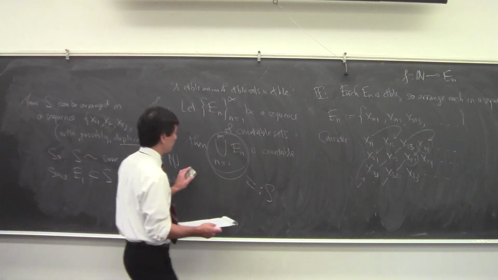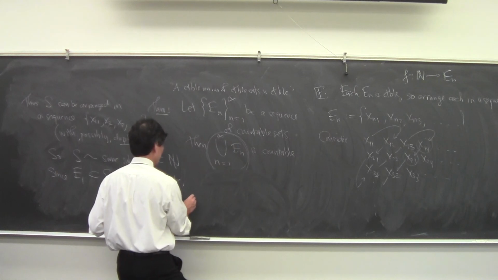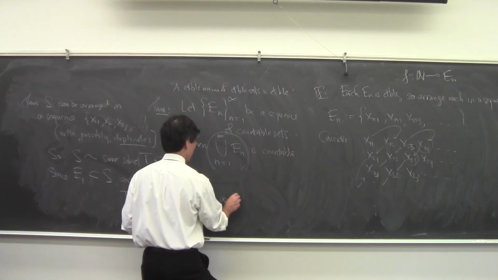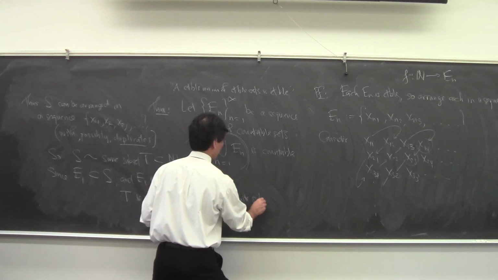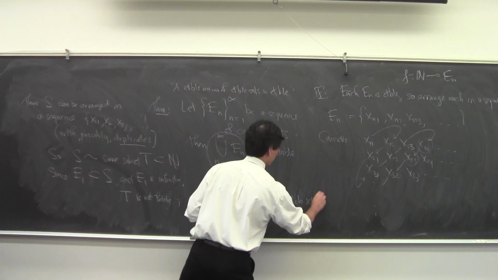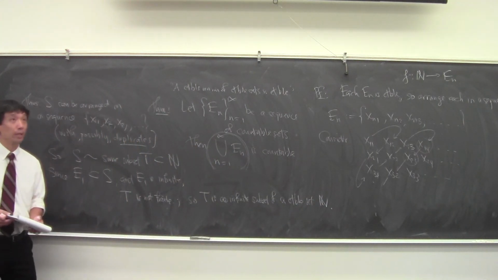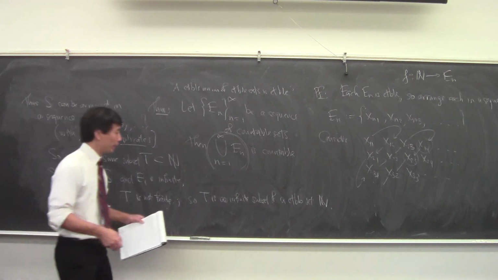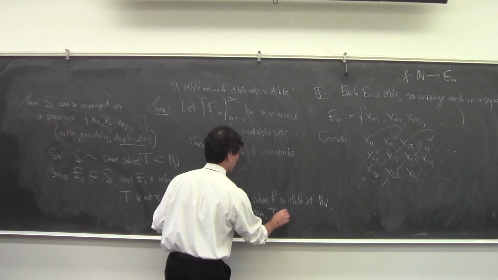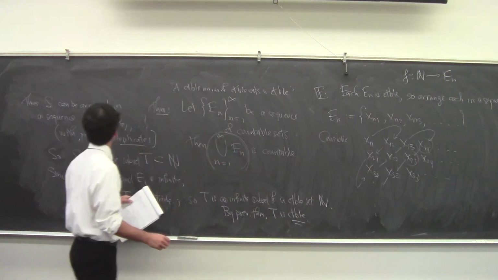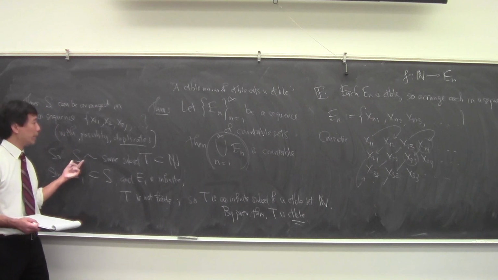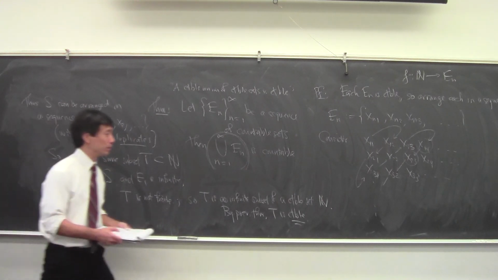And so T is an infinite subset of a countable set, an infinite subset of N. And so by the previous theorem, T is countable. S is equivalent to that countable set, so S is countable also.